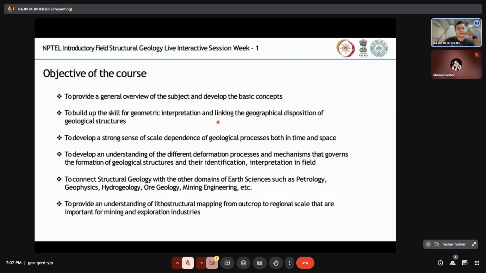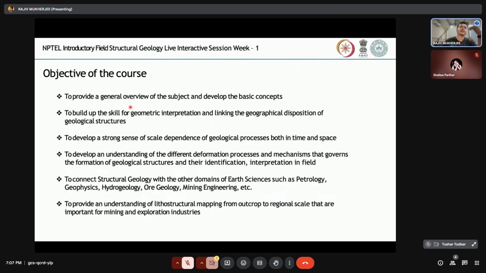So the course, that is the Introductory Field Structural Geology offered by NPTEL, has some specific objectives. The first objective is to provide a general overview of the subject and develop the basic concepts. The second is to build up the skills for geometric interpretation and linking the geographical disposition of geological structures that we observe in the field.